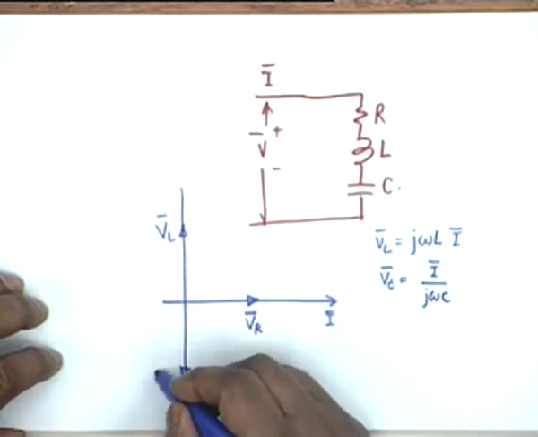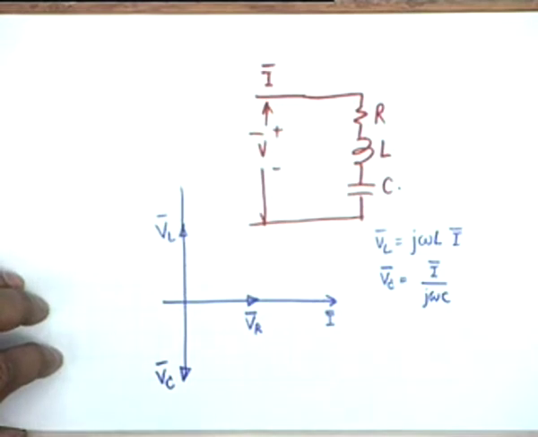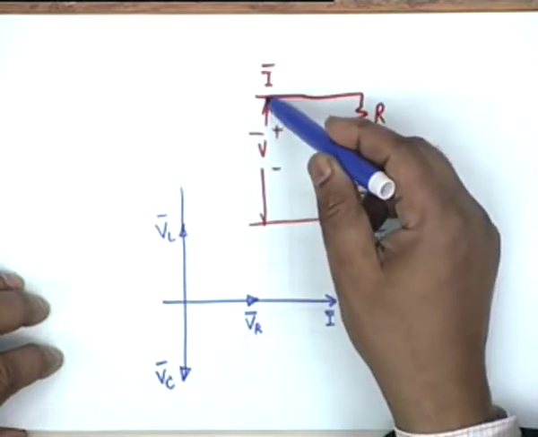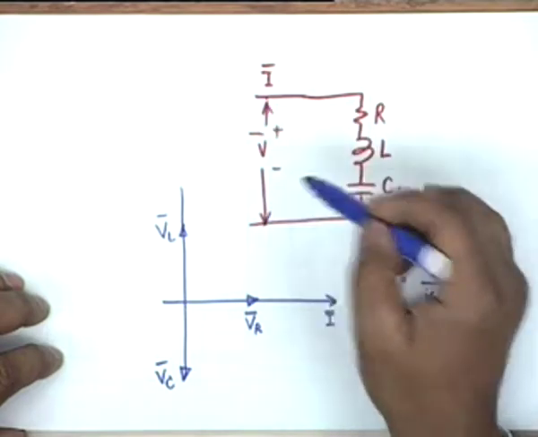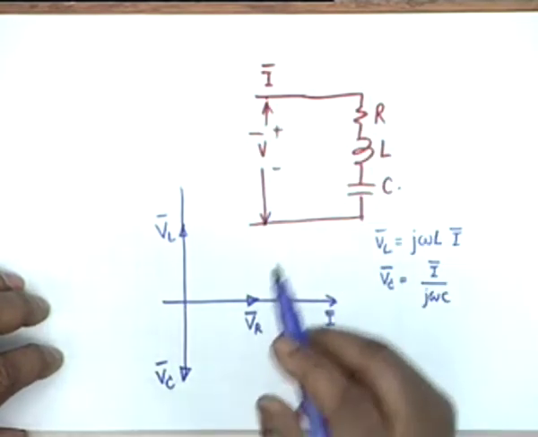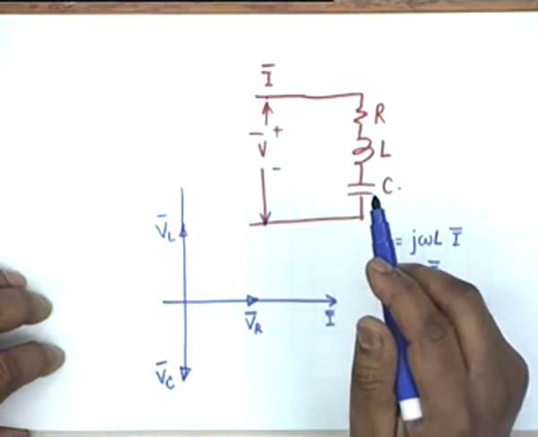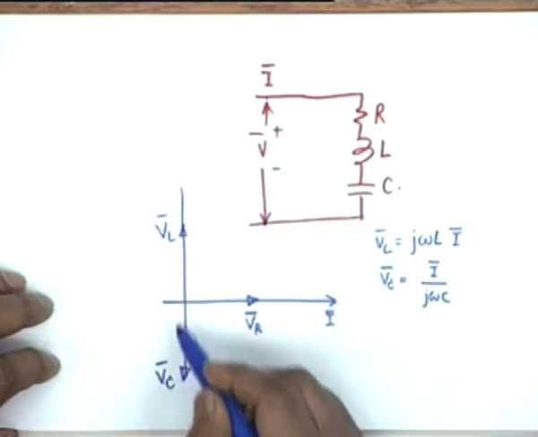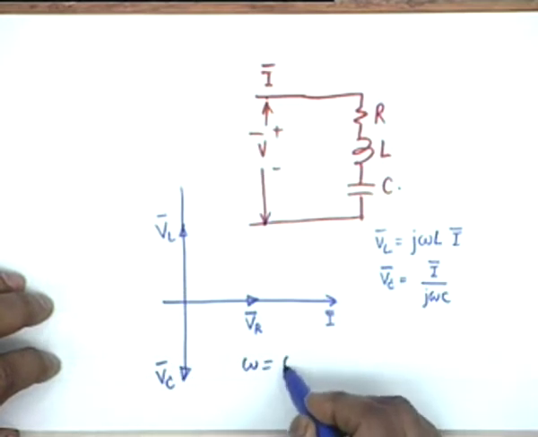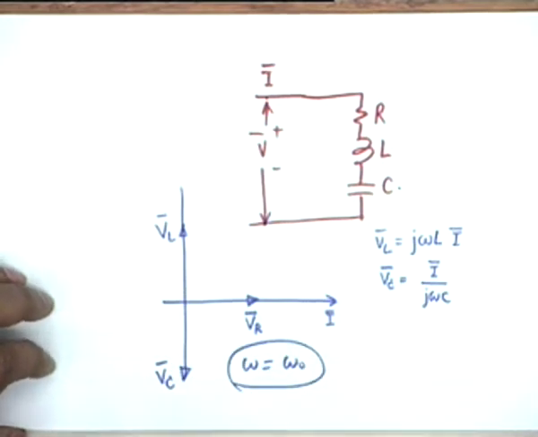That means this will be the direction of V sub C, and depending on whether the frequency is below resonance, above resonance or at resonance, the total voltage across the circuit V shall either lead the current or lag the current or be in phase with the current. For example, the picture that I have shown here is almost true for omega equal to omega 0.